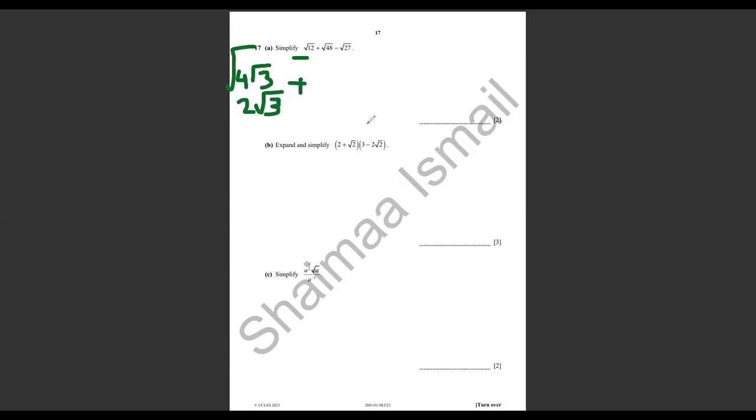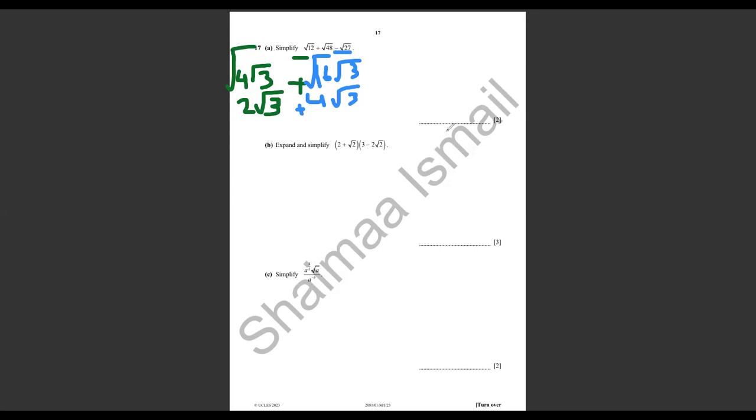Plus root 48, which we can write as root 16 multiplied by root 3, which equals 4 root 3, which we can add.